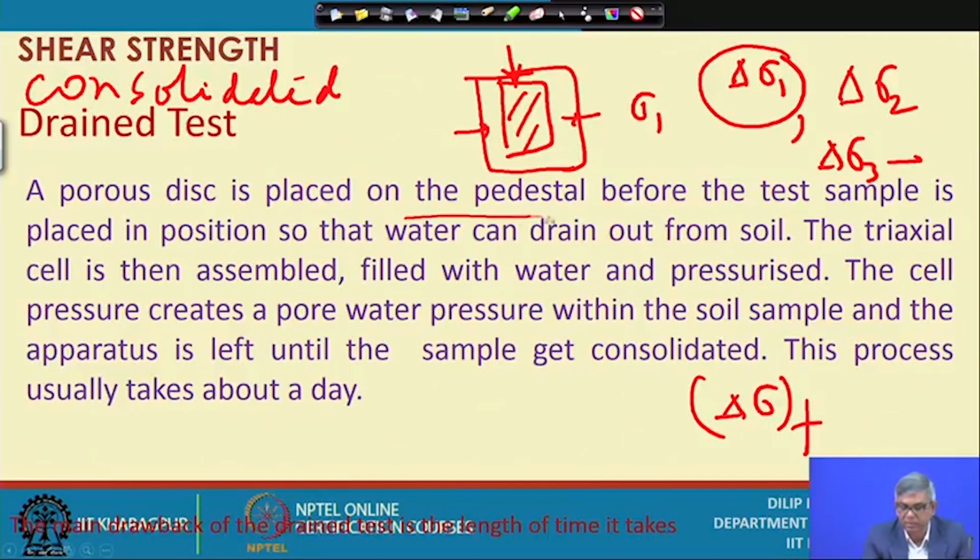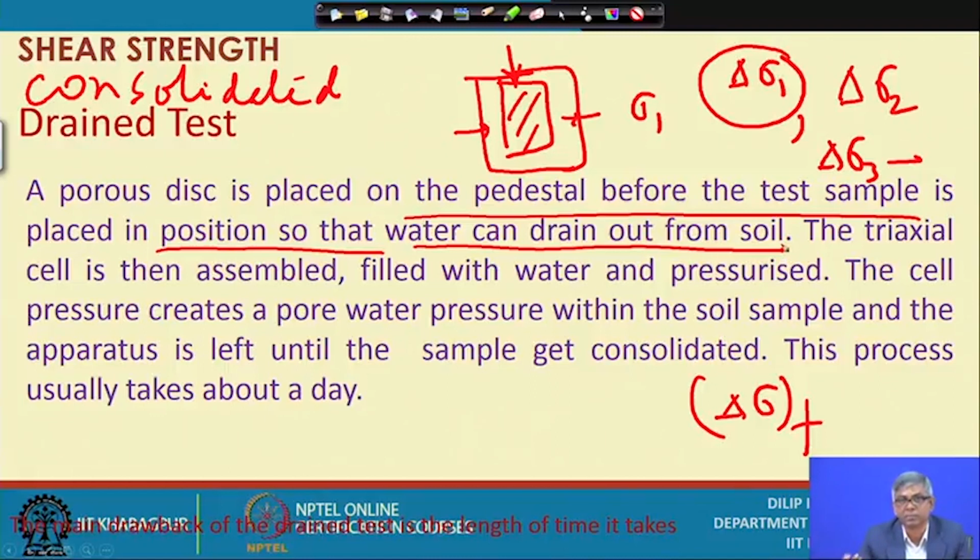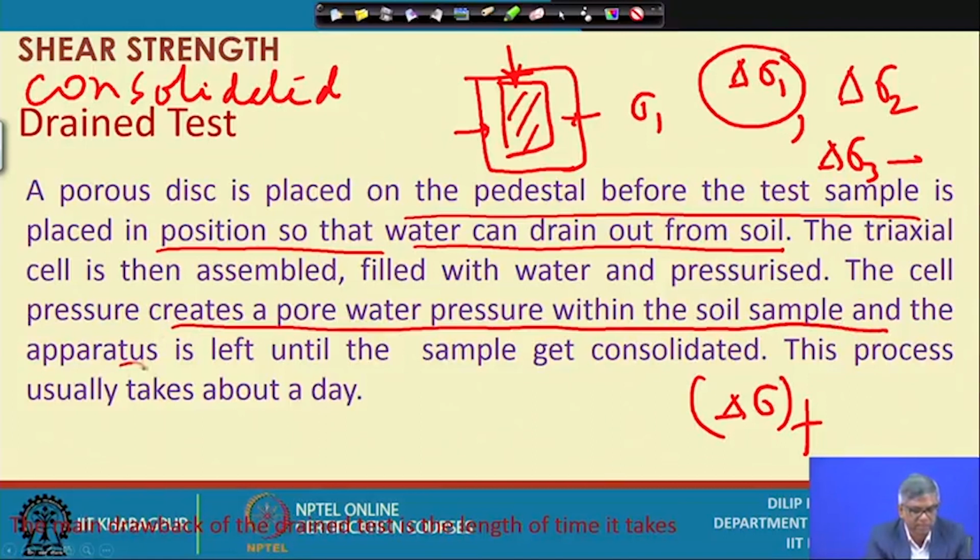A porous disc is placed on the pedestal before the test sample is placed in position, so that water can drain out from the soil. When we apply the confining pressure, because of the pore pressure inside, it will try to get dissipated, and through the porous stone it will come out. The cell pressure creates a pore water pressure within the soil sample, and the apparatus is left until the sample gets consolidated.